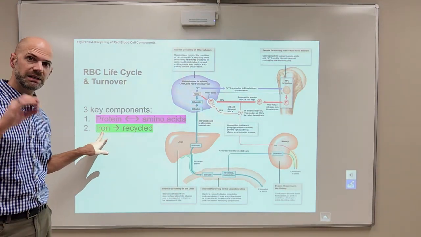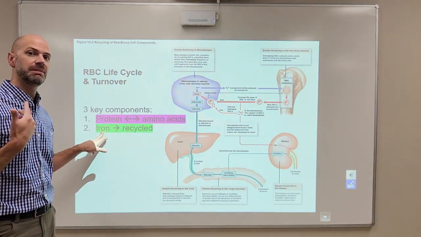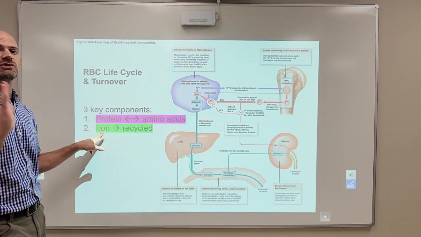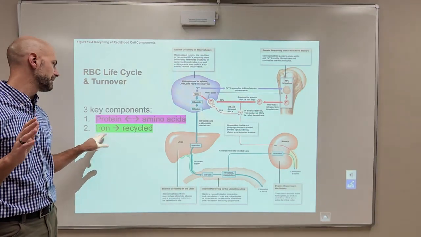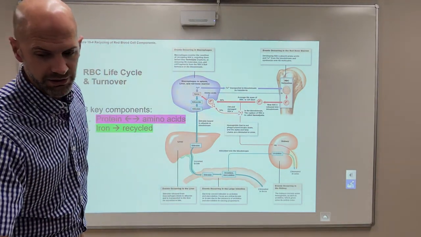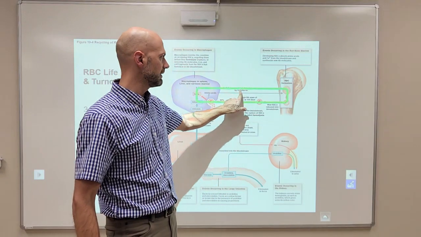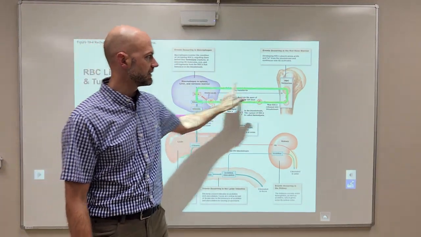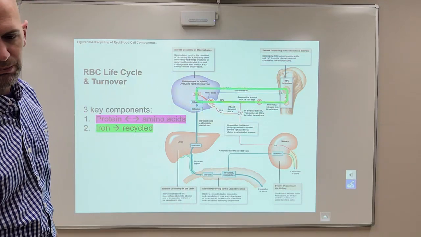Iron is a very unique metallic element in the body. Iron is used a lot in other places in the body, but it needs to be bound to something. So when we talk about how iron is carried around the body, we're going to be talking about another carrier protein called transferrin, which transports iron from the spleen to the bone.